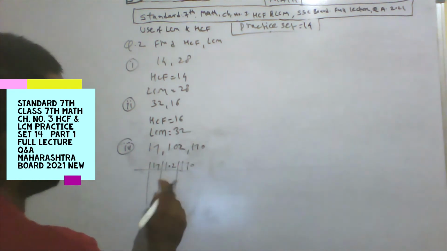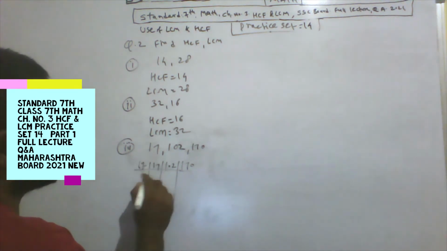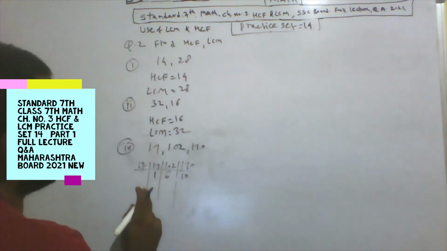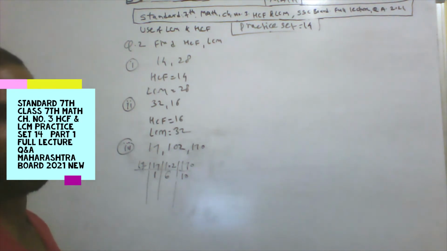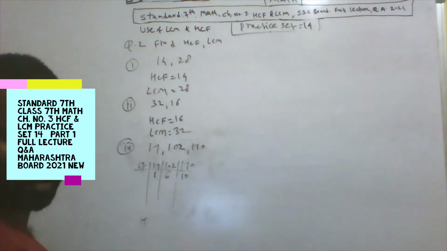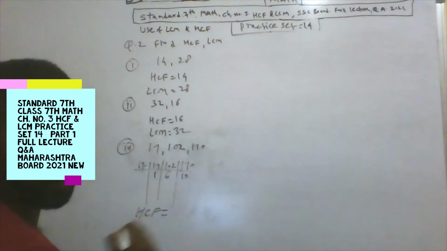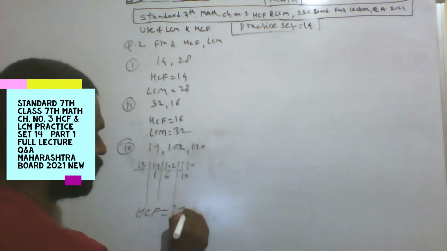All these numbers come in the table of 17: 17 ones are 17, 17 sixes are 102 and 17 tens are 170. These three can't be divided further by any common number, so the HCF is 17.